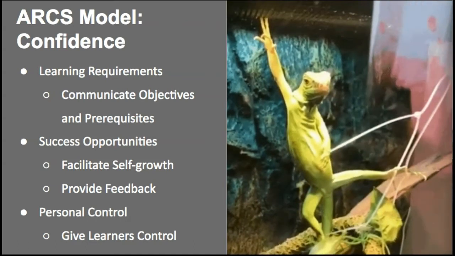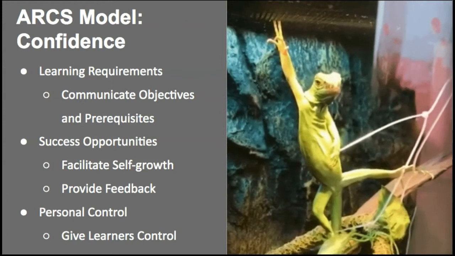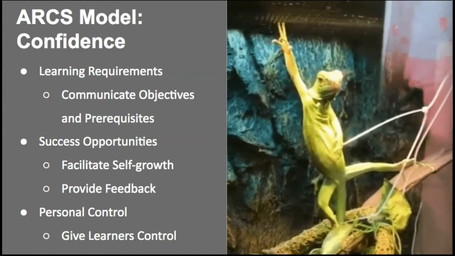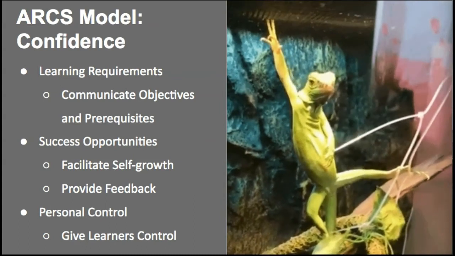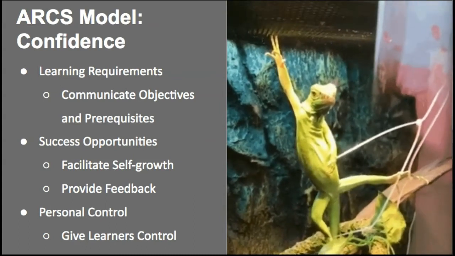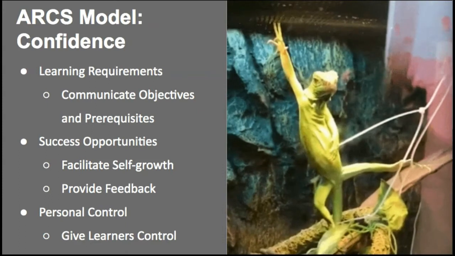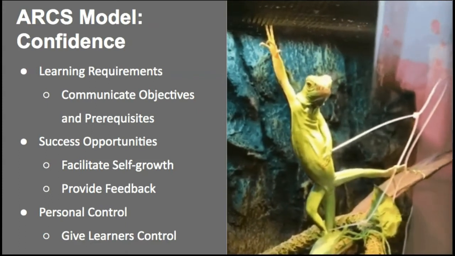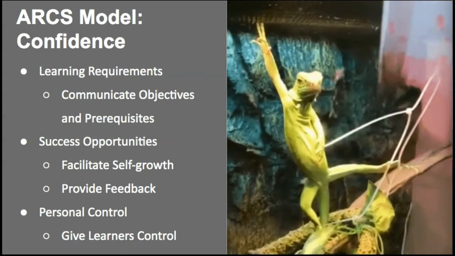One thing is learning requirements. So, like we've talked about with learning outcomes and a lot of what we spoke about in behaviorism, a big element here is providing learners with learning outcomes, learning objectives, prerequisites, standards, and criteria that they can use themselves to establish positive expectations.